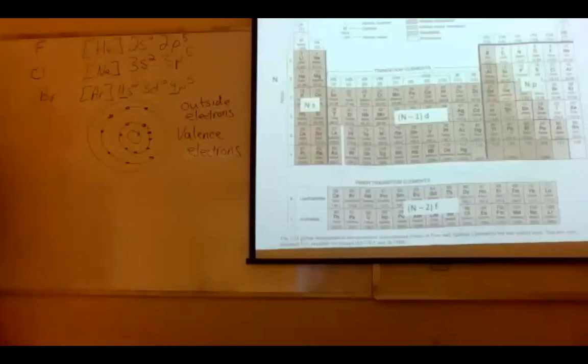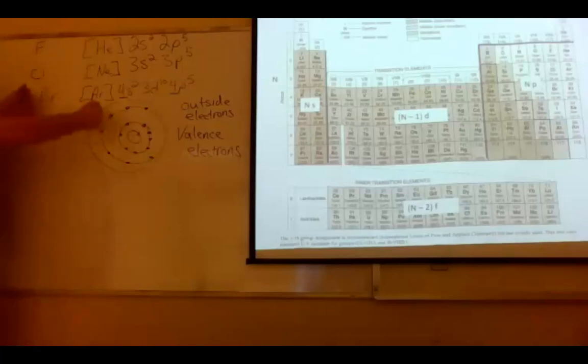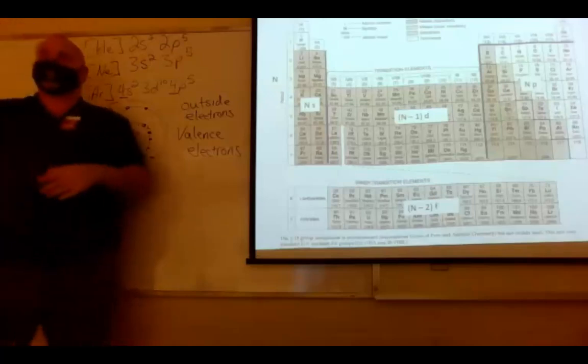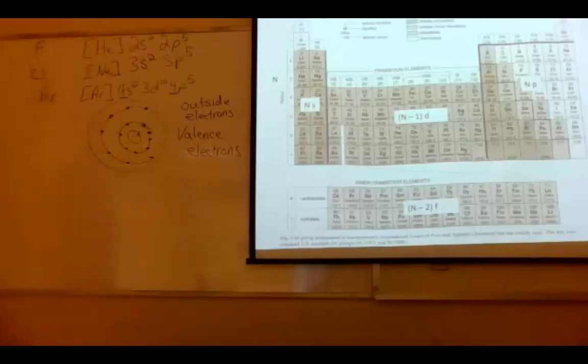Our picture for reactions will always be that when these atoms want to react, it's the outside that does it. They bang into each other, so it's the outside layers. If you bump into somebody in the hallway, it's the outside of you interacting with the outside of them. Same kind of idea as this.